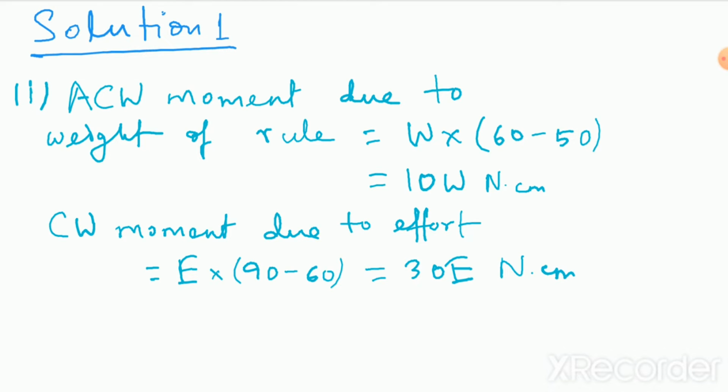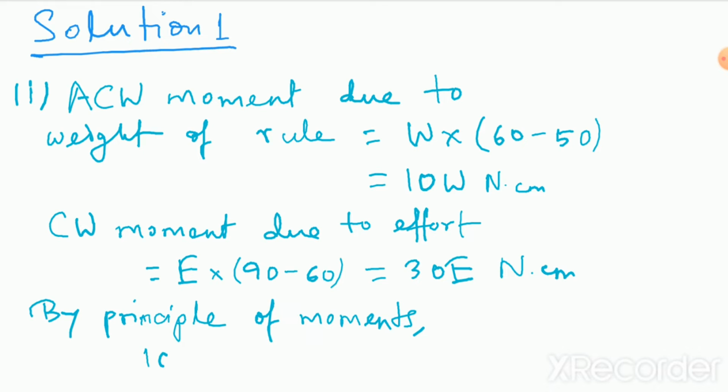Okay, fine. Now under equilibrium condition, by the principle of moments, the anti-clockwise and clockwise moments are equal. So we can write 10 W is equal to 30 E, isn't it?